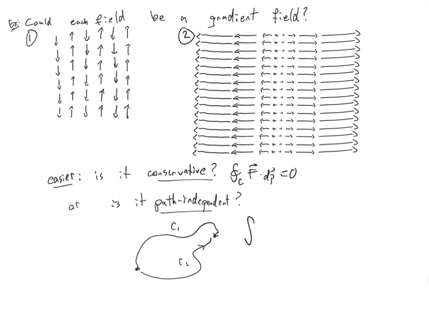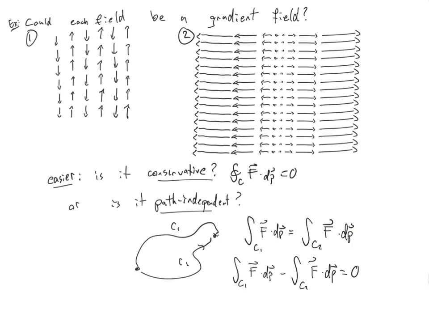So if the integral over C1 of f dot dp equals the integral over C2 of f dot dp, then the integral over C1 of f dot dp minus the integral over C2 of f dot dp is 0.